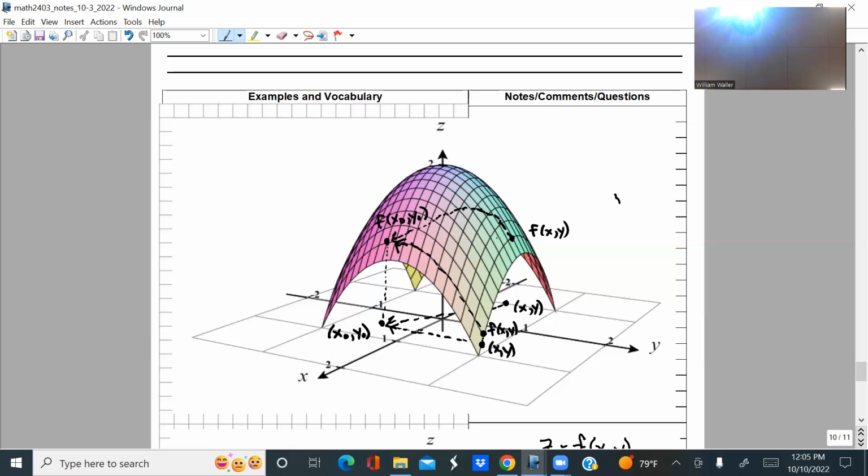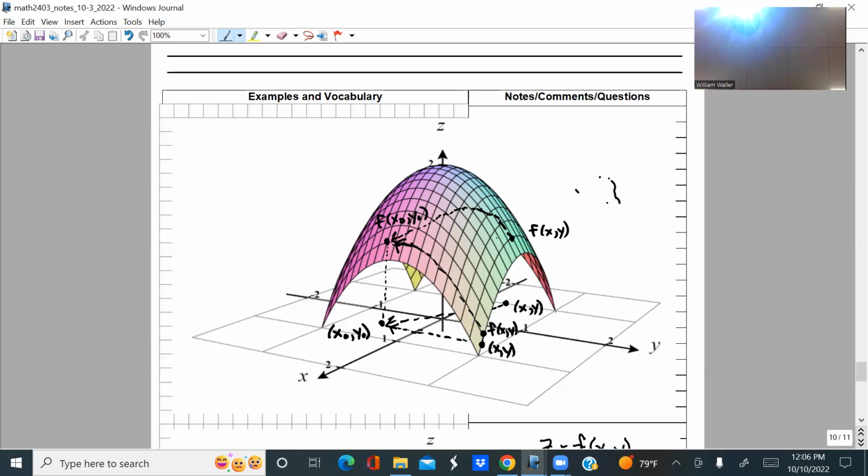Well, you can trace them out on the surface, right? Aren't they going to look like this? They're going to be above this line right on the surface, correct? So I think those outputs are these points, or those values, on the surface, right?